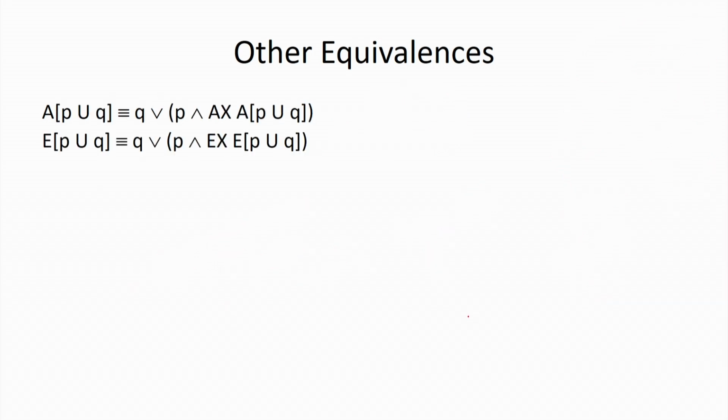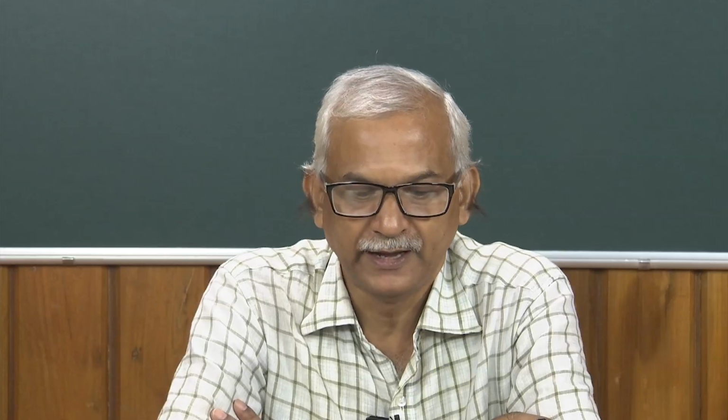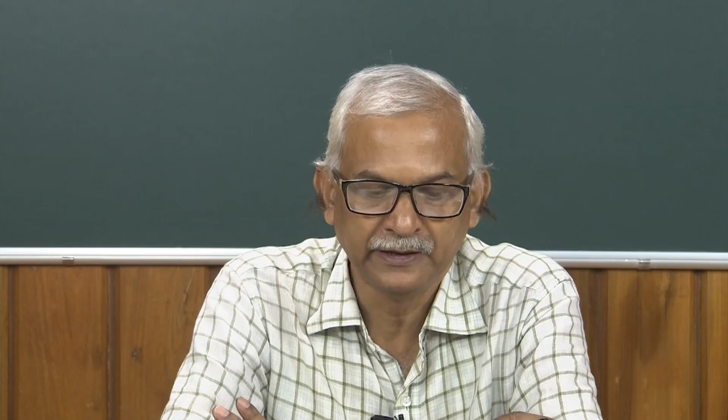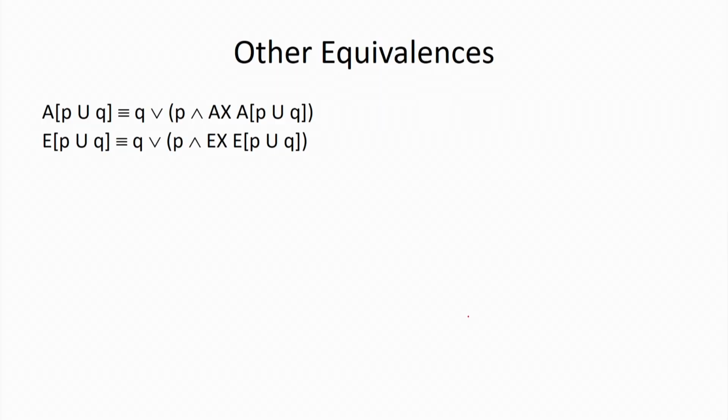And similarly, these are the last pair of equivalences, where it is defining until in terms of next state. So, first we consider this particular component. When I talk about P until Q, then P must remain true until Q becomes true.